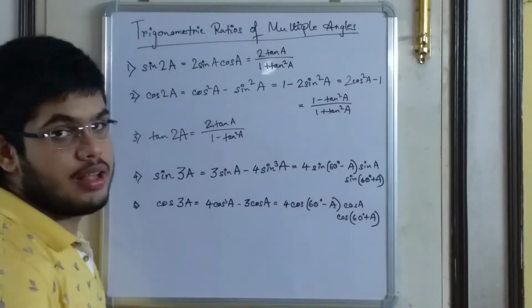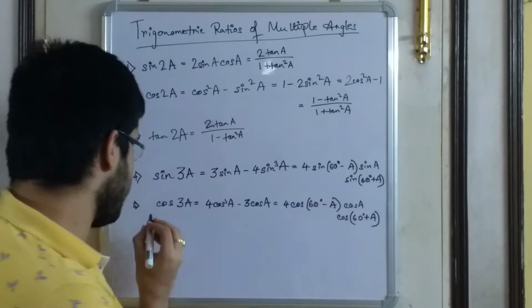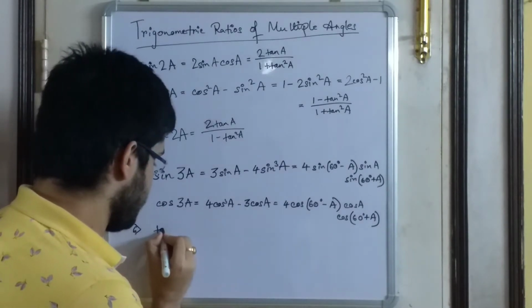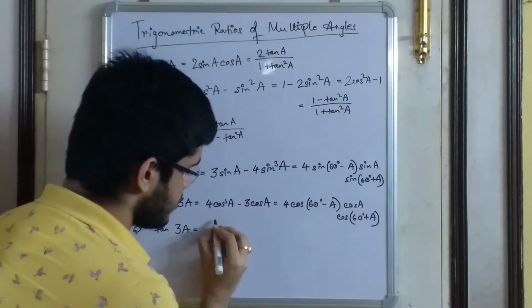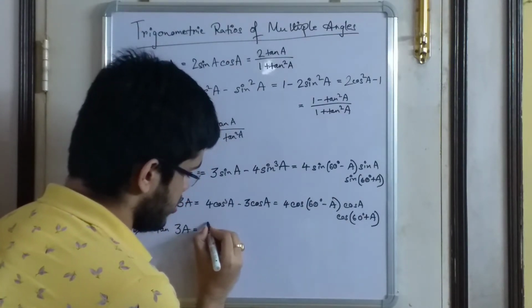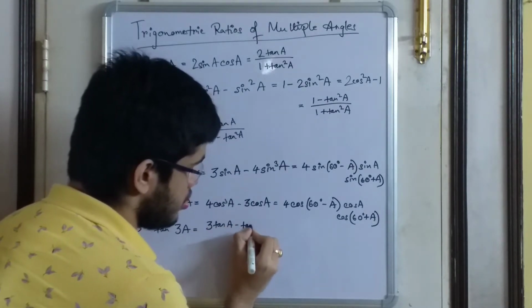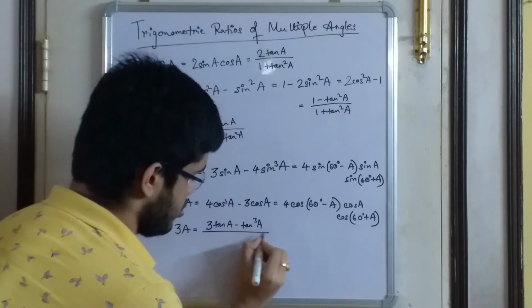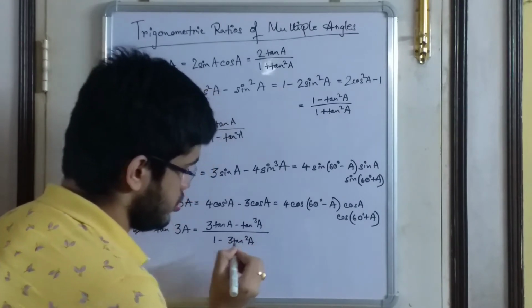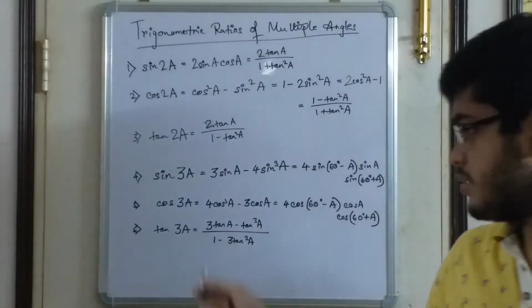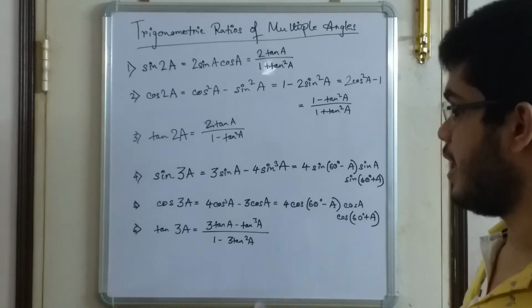Okay, and last but not the least is tan 3a. Tan 3a is 3 tan a minus tan cube a by 1 minus 3 tan square a.